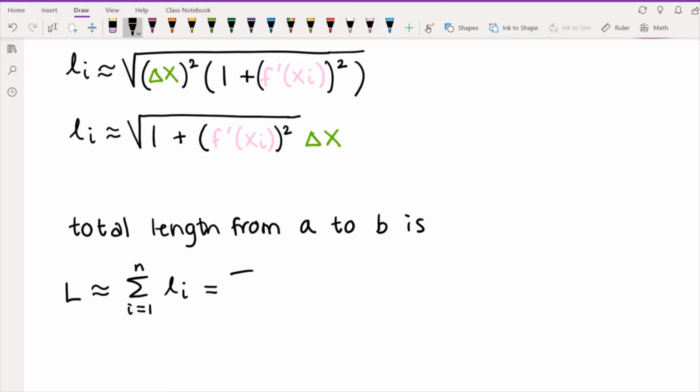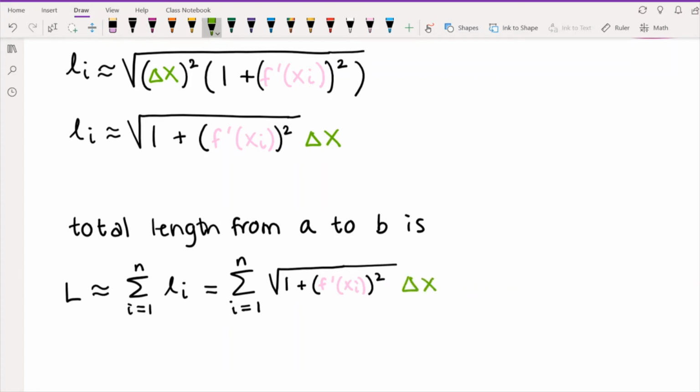Another way of writing that would be what we had above: the sum from 1 to n, where now we can replace Li with this expression we just came up with, which is the square root of 1 plus f prime of xi squared, times delta x.